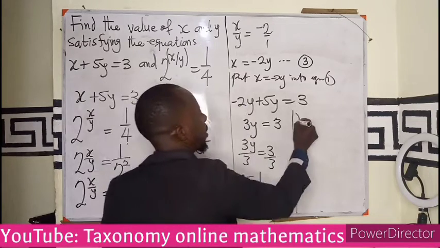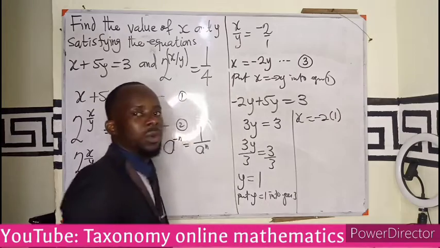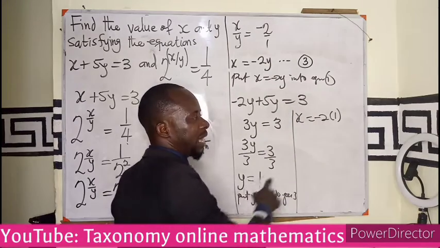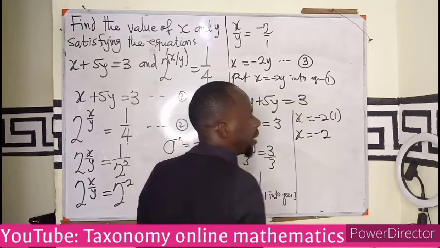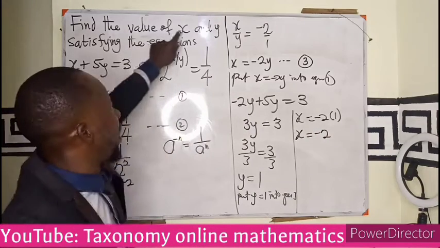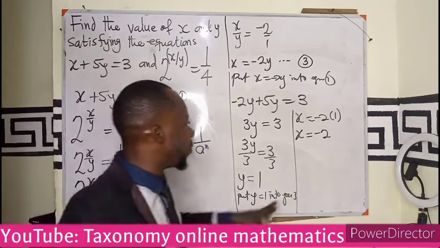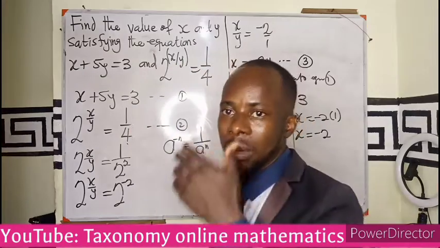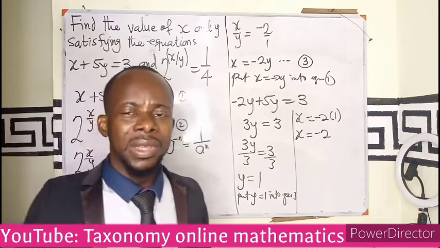That becomes x = -2(1). The 1 is my y. So in place of that, x is just -2. Therefore, the values of x and y that satisfy these equations are x = -2 and y = 1.